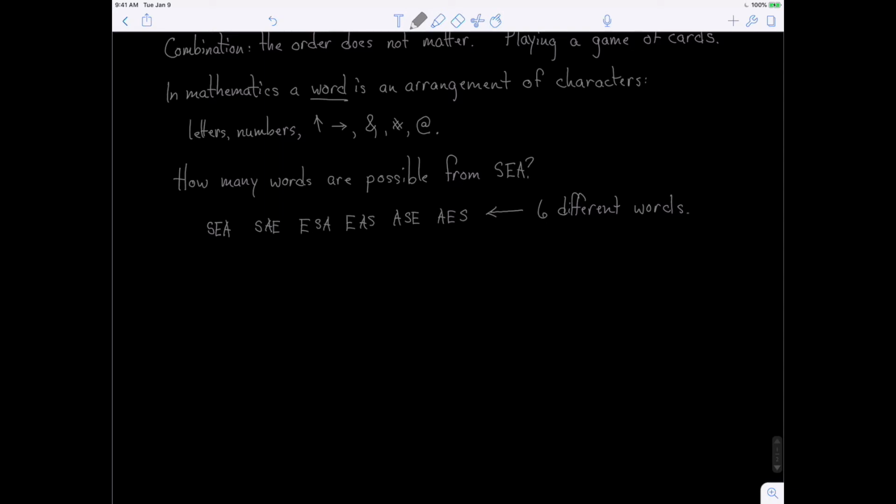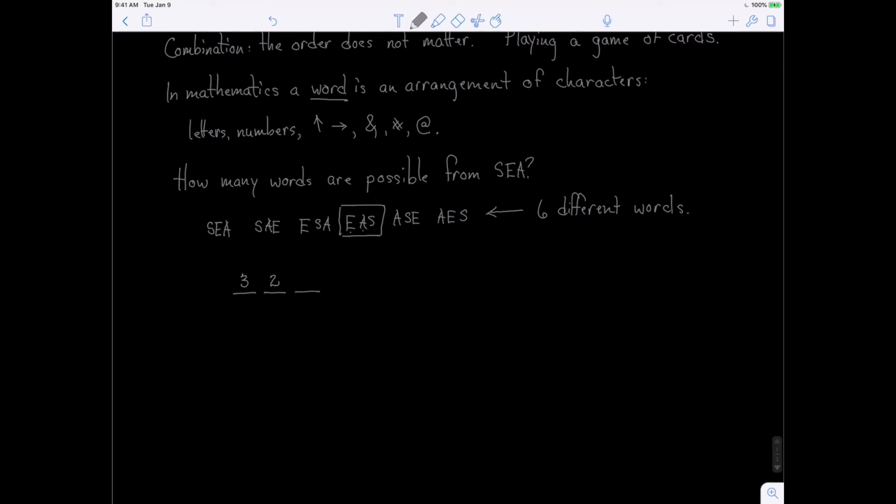So first off, because all the letters are different, you only have a 3-letter word. So in the first position, how many letters could we put? Well, we could put the S, the E, or the A, so that was 3 letters. But for example, let's maybe say we're working on this word, E-A-S. Well, once I've used that first E, how many letters are available? Well, there's 2. There's A or there's S. So now I'd say there's 2 letters available.